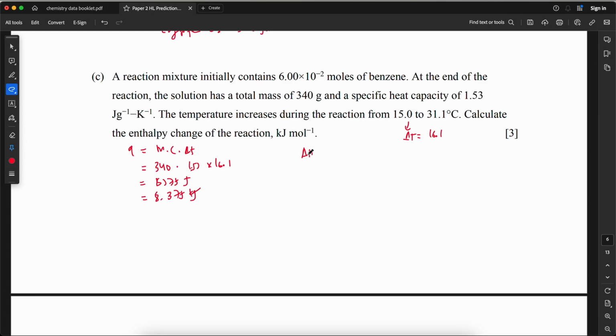So delta H would be Q divided by n. This would be negative because of the increase in temperature. So 8.375 divided by 6 times 10 to the power negative 2, that would be negative 139.6 kilojoule per mole.